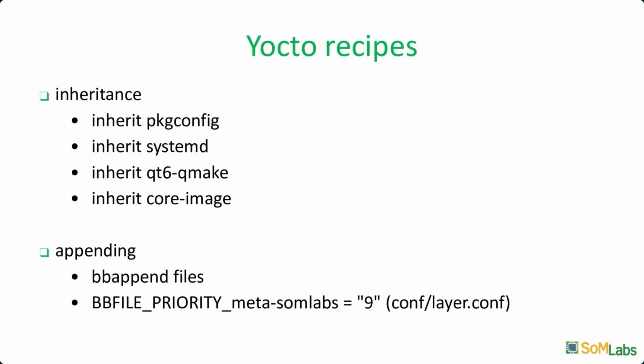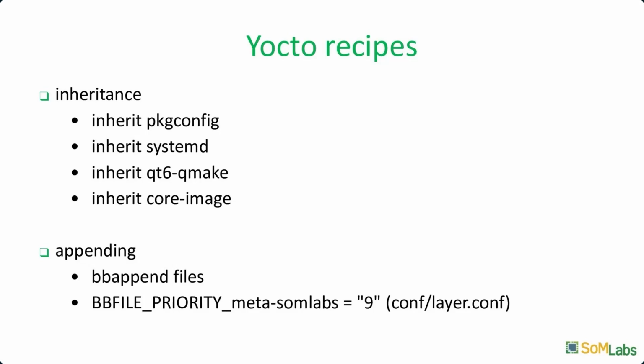So for example, we can have some commonly used compilation procedures that are used for Qt applications. So instead of implementing them by ourselves, instead of writing the compile, configure, and install procedure, we can just inherit the Qt6 qmake recipe class to get all those procedures from another meta layer that implements it. We can also create our own recipe classes to not duplicate the code within the meta layers itself.